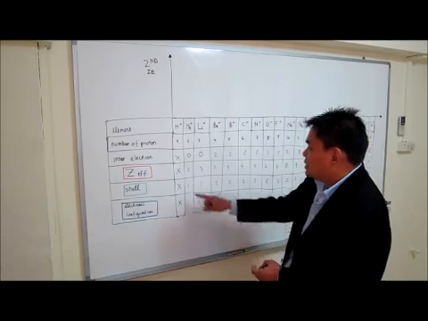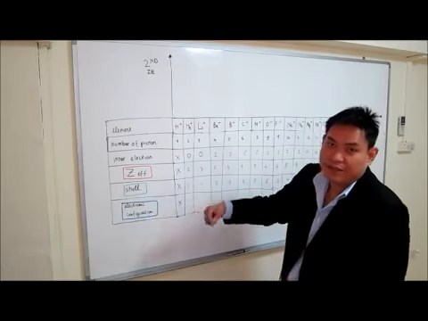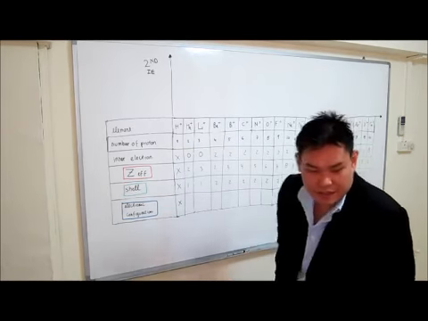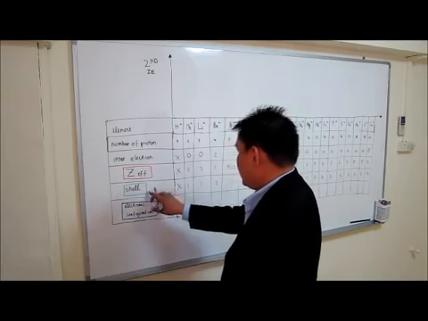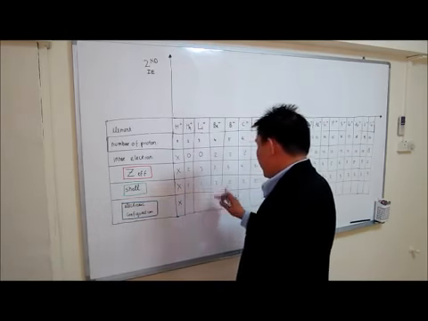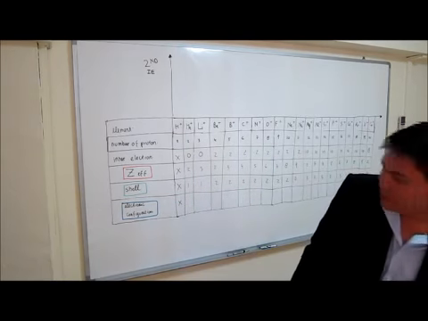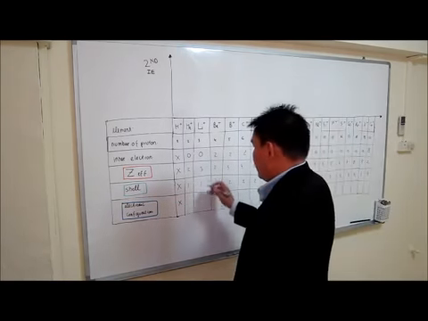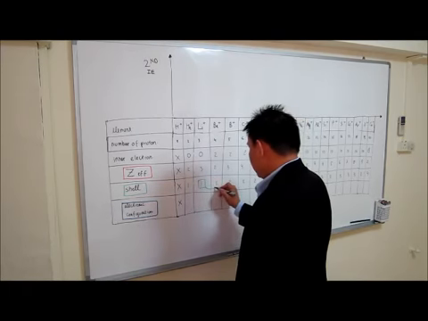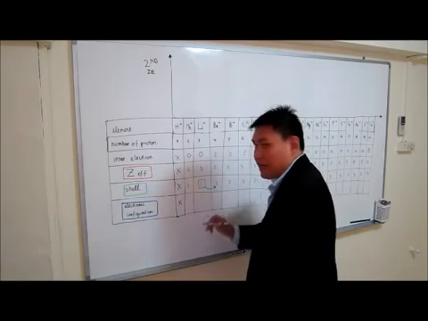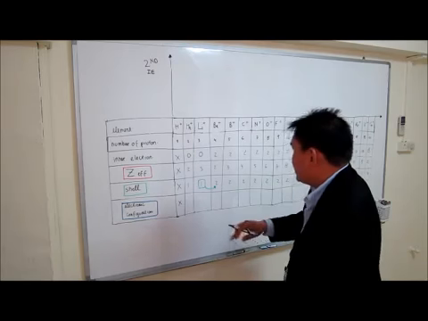So if you have more shell, then the electron will be further away from the center. So for the explanation in the case of shell, if you have an increase of the number of shell, you're going to have a very significant decrease in the second ionization energy.